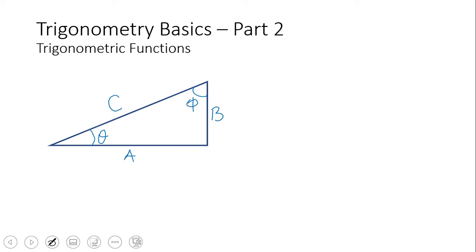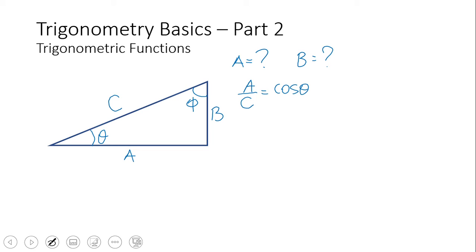So, can these functions help us determine what A and B are if we don't know? And the answer is yes. How? Well, we know now that if I take the ratio A over C, that gives me the cosine of the angle theta.